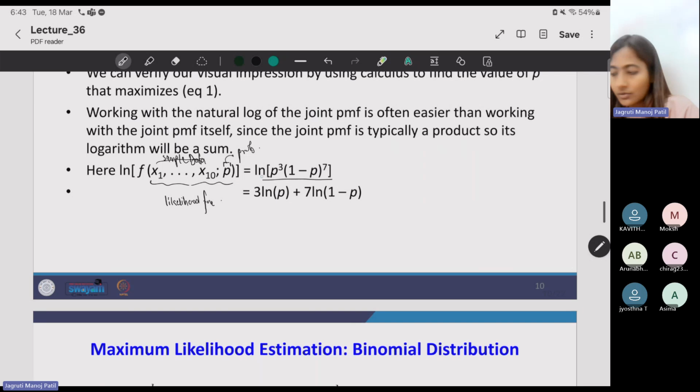You take the log of the likelihood function. So how do you take the log of it? I hope you all know this part: for a and b, the log of the product would be log of a plus log of b.